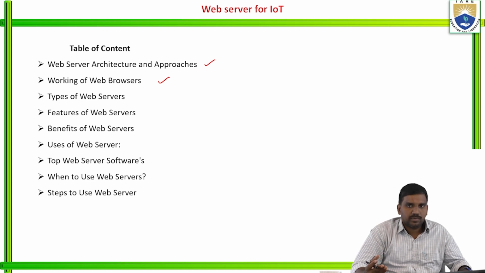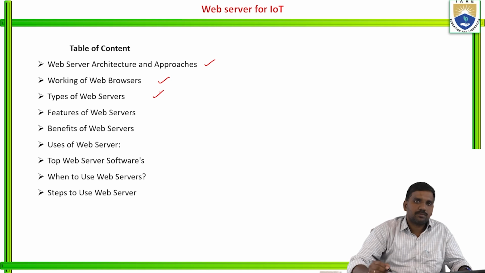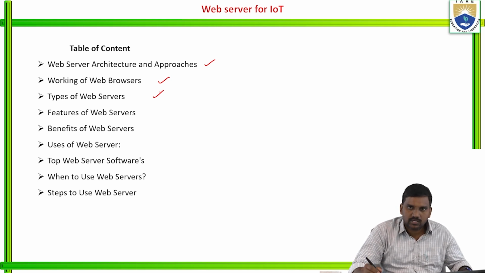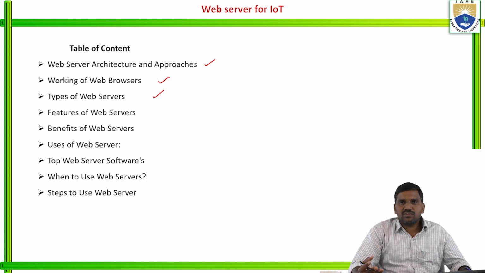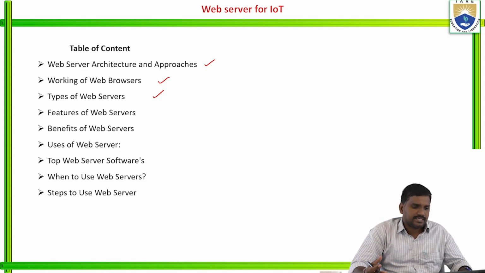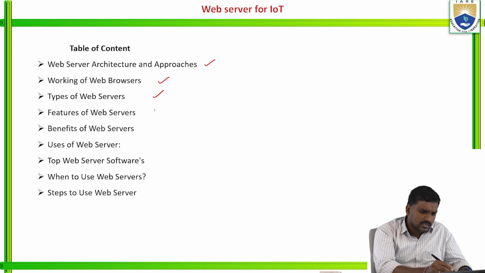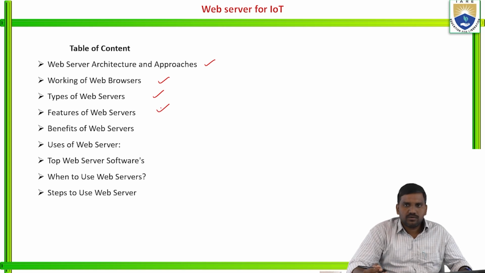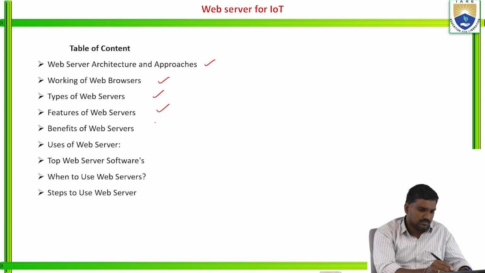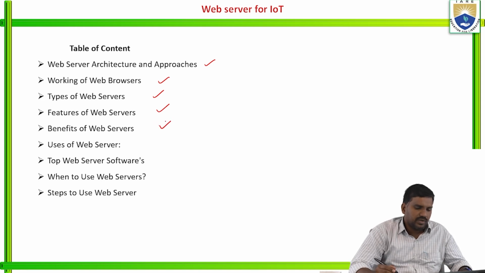That is the main working of web server, and types of web server. How many types of web server are we using nowadays? In the market we have so many web servers. A minimum of 3 to 5 web servers I am going to explain in this lecture, and what features they can provide to the users. That is the features of web server and benefits of web server.